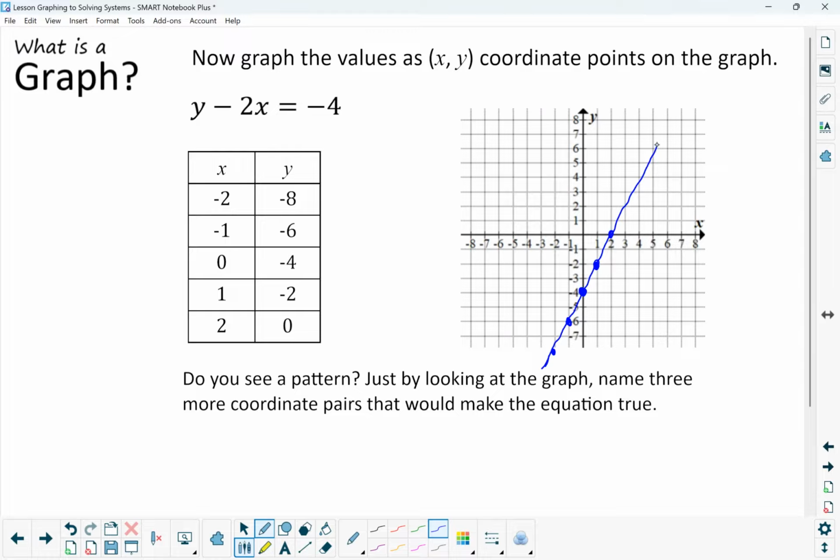And we could find some other ordered pairs. Wow, that is not the straightest line I've ever drawn. Just by looking at this graph, we could name more coordinate pairs that would make this equation true. For example, 3, 2. And if I could draw a straight line, we would have 4 goes with 4, and the x value 5 goes with 6, etc.